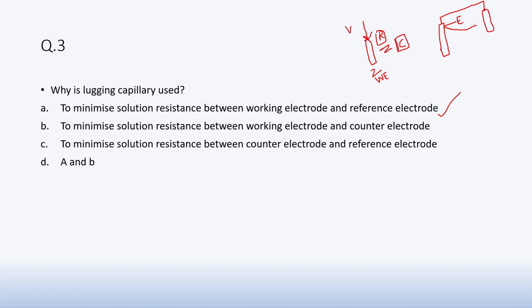The potential drop you see at the electrode-electrolyte interface is because of the solution resistance, since resistance is also offered by the solution. In order to minimize that resistance between the working and the reference electrode, we use a Luggin capillary.